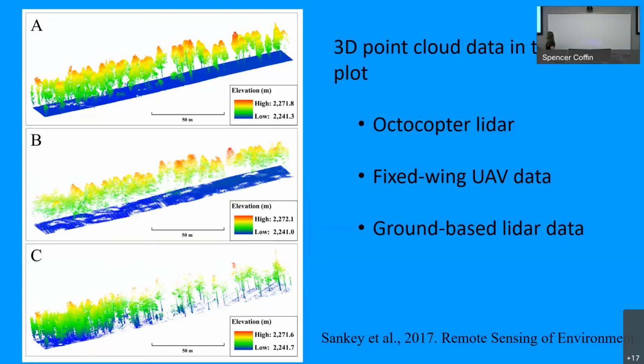And then in comparison, in the bottom panel, I show a terrestrial LiDAR point cloud. In this example, the terrestrial LiDAR scanner was sitting about here, and so these trees closer to the scanner got a lot more points compared to the trees that are farther out.